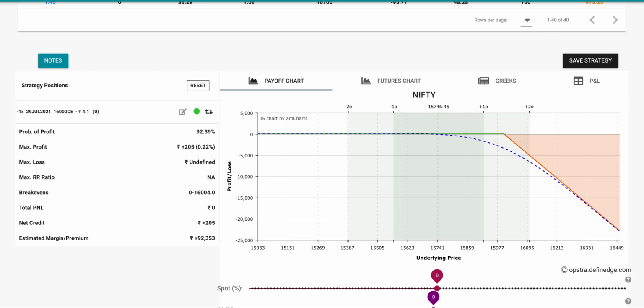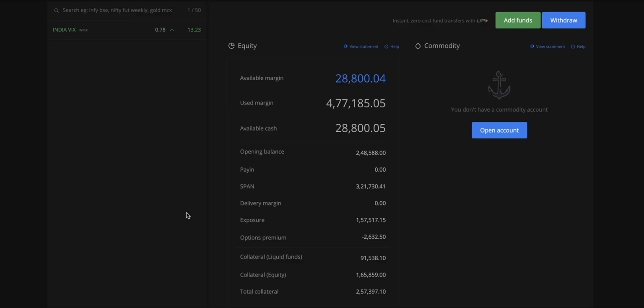Typically the funds that I trade with is approximately 5 lakh rupees. There are different option strategies that we could use, and the 5 lakhs gives you some leeway to manage your positions better.